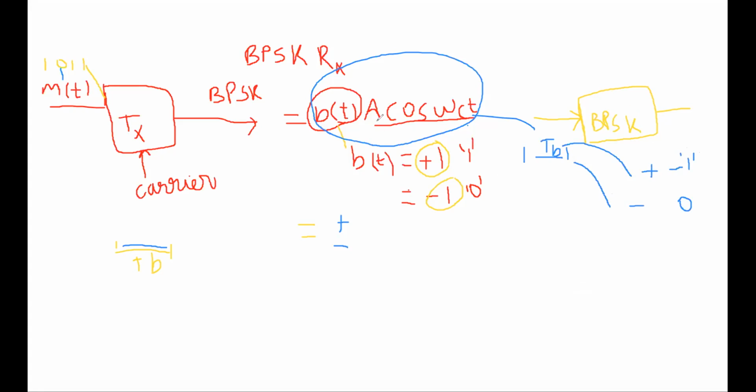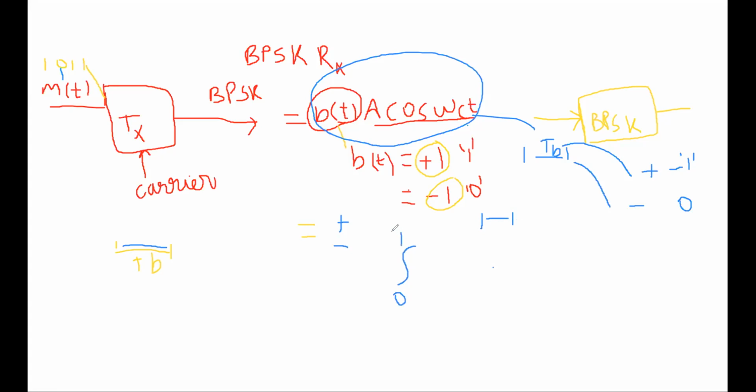Now how to detect the polarity of the input signal? Very simple. We have to get its value, or its magnitude or amplitude, in a bit interval TB. So it has to just detect the amplitude. This signal is varying with respect to time t, so it has to detect the value of the signal, or the amplitude of the signal, between interval 0 to TB.